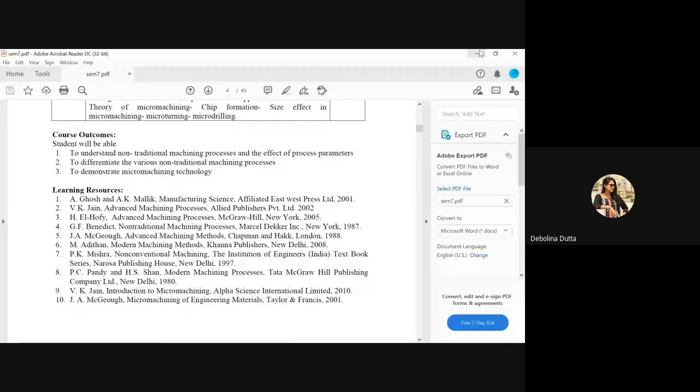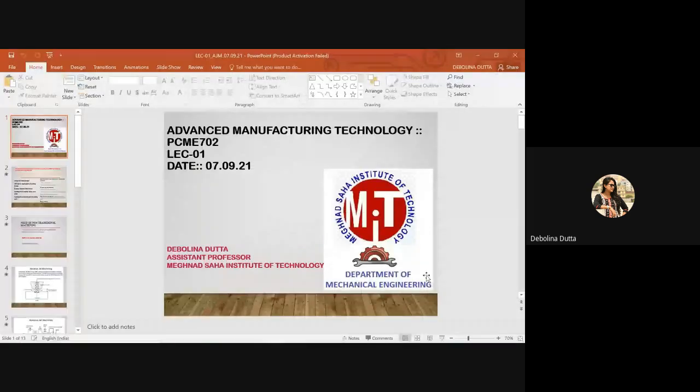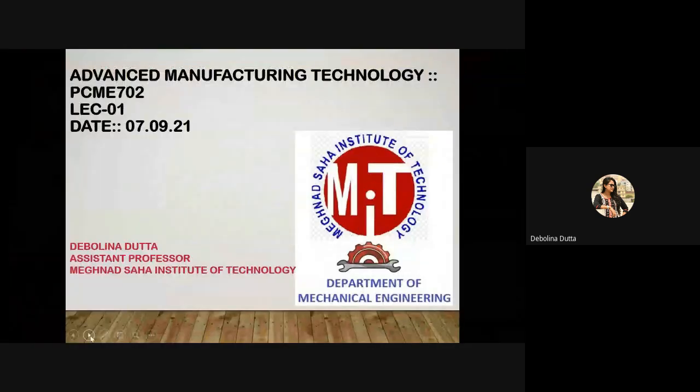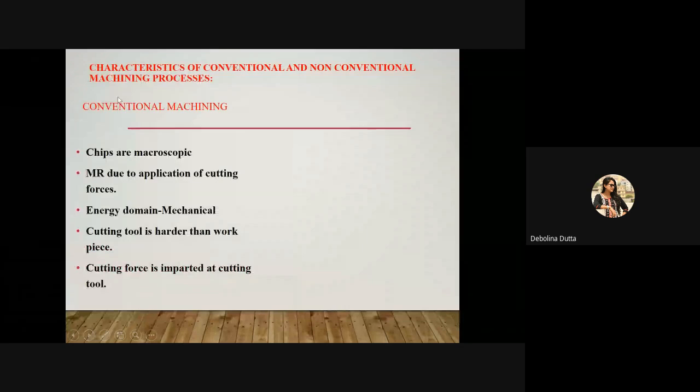Okay, so let's start with the topic then. First thing we need to know, as I already mentioned, is that these advanced manufacturing processes are also known as the non-conventional machining processes.